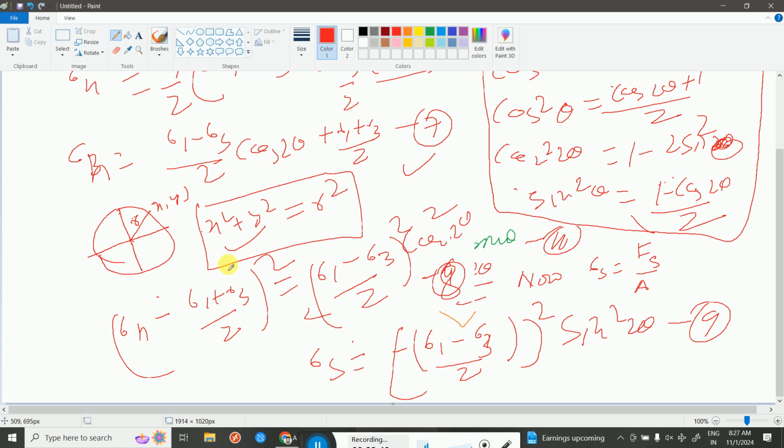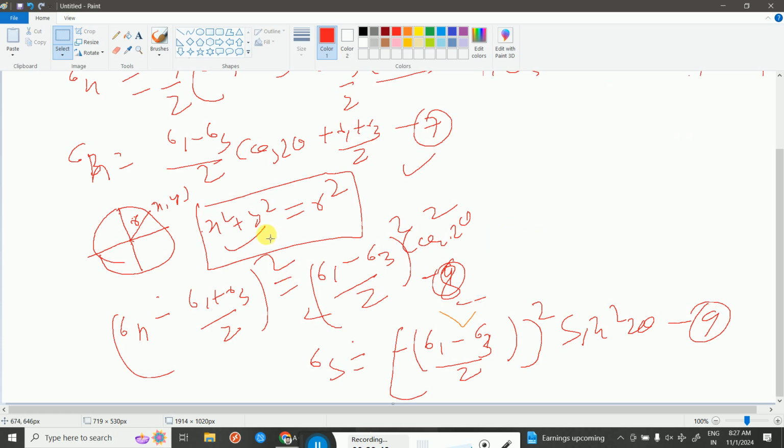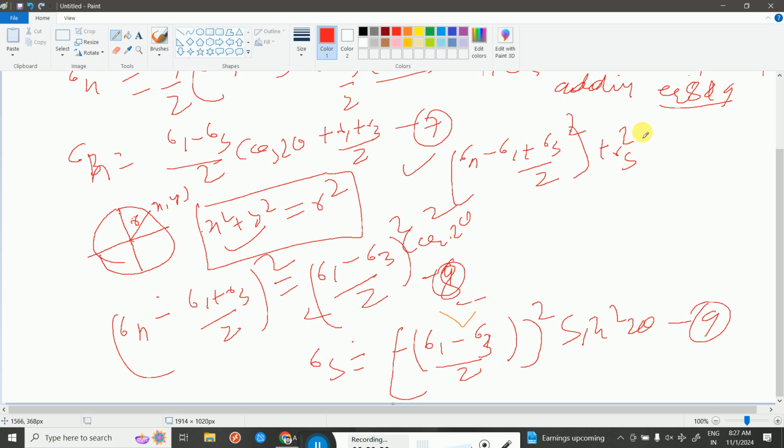Now adding equation 9 and 8. Adding equation number 8 and 9, then sigma n minus sigma 1 plus sigma 3 by 2 whole square plus sigma s square.